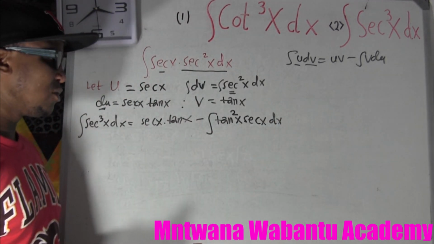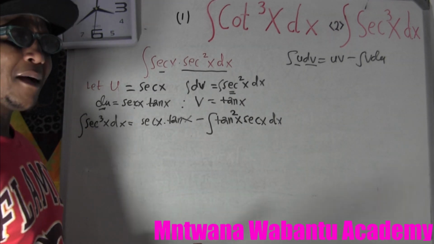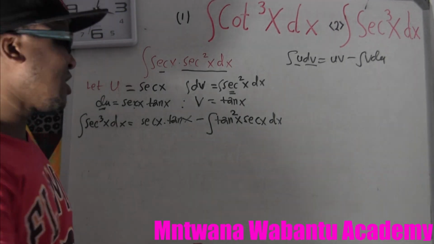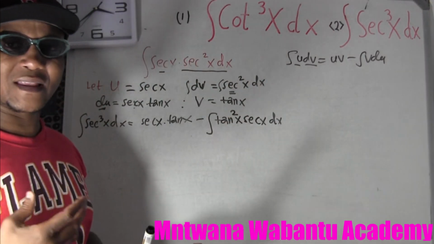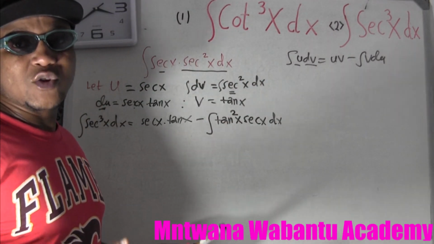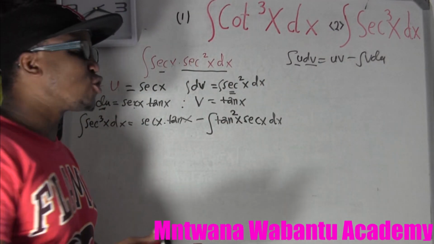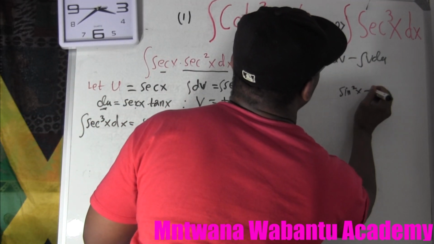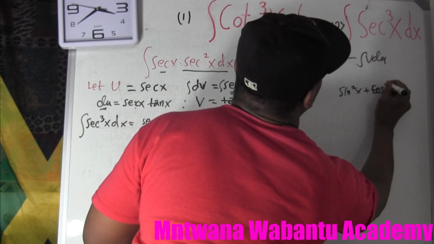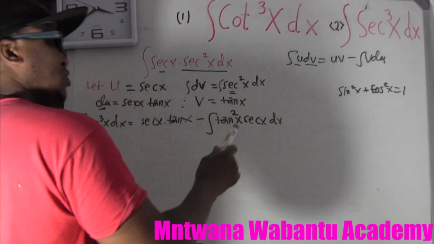Tan square x is equal to sec square minus 1. How did I know that? Let me just show you for some people to know. Sometimes you tend to forget the identity, it happens to everybody. So how do you remember? You go to the key identity: sine square plus cos square equals 1.